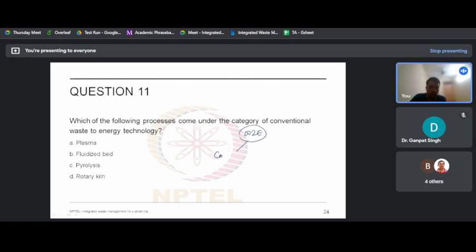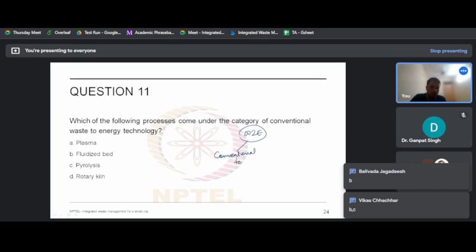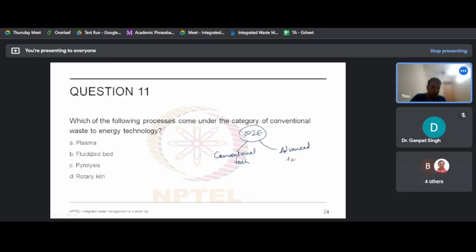The first group will be the conventional technologies that are used. The second will be the advanced technologies. In conventional, we will have fluidized bed, rotary kilns, simple mass burn.